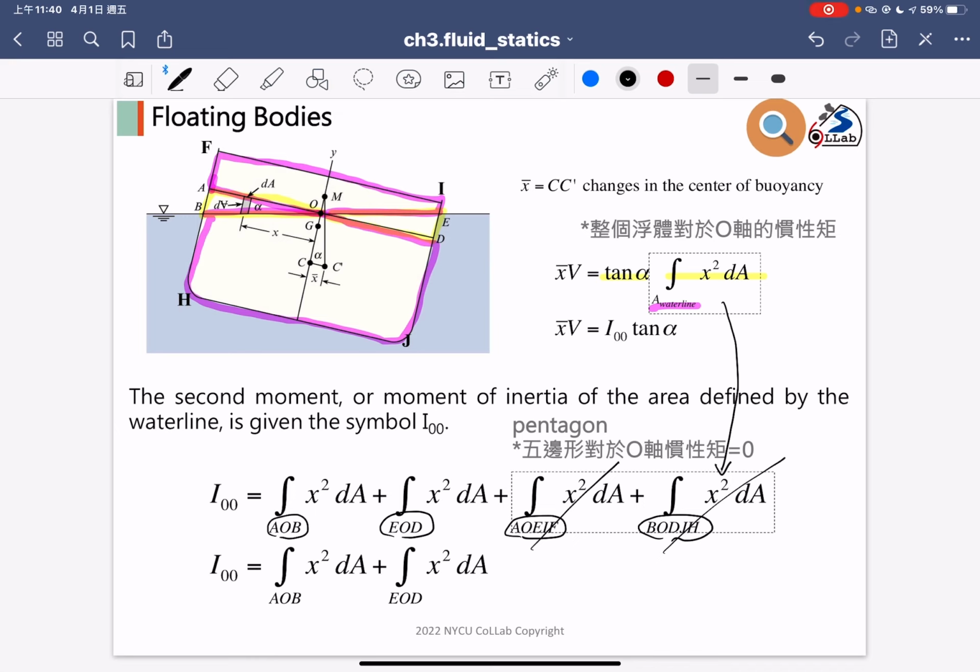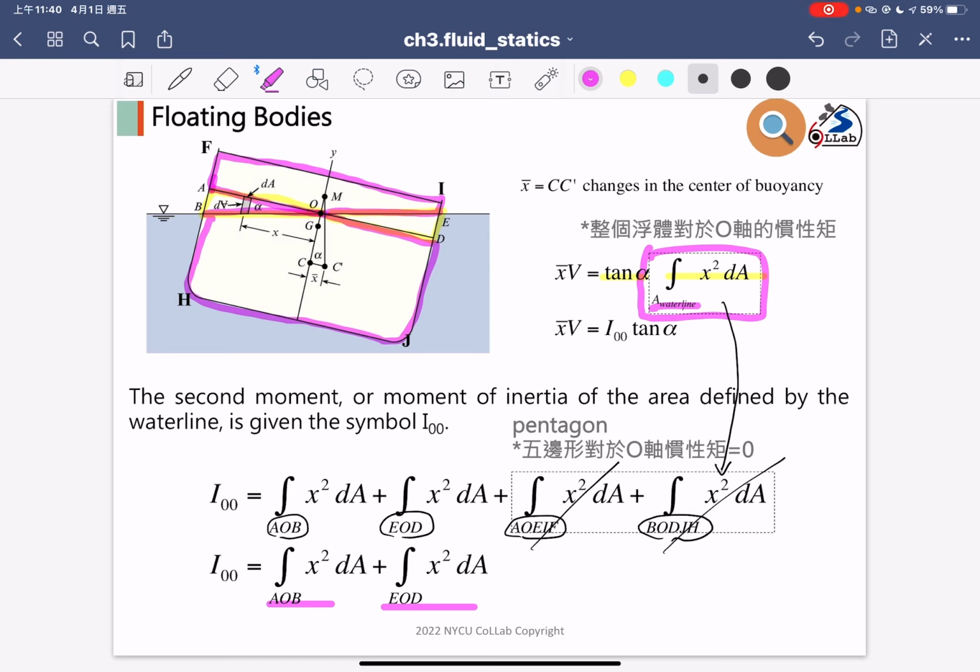So we know the second moment along the water line integrated will be equal to the AOB and EOD second moment. That's why in here, we can directly replace the two items by the second moment along the water line integration.